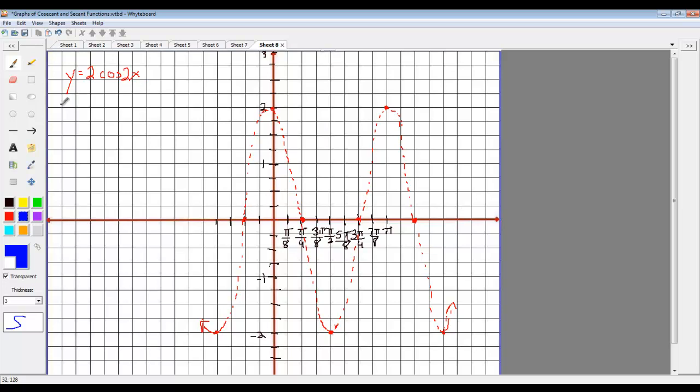But then for y equals 2 secant 2x, we're going to do vertical asymptotes through places where the cosine crossed the x-axis. So for each of those, you have a vertical asymptote.